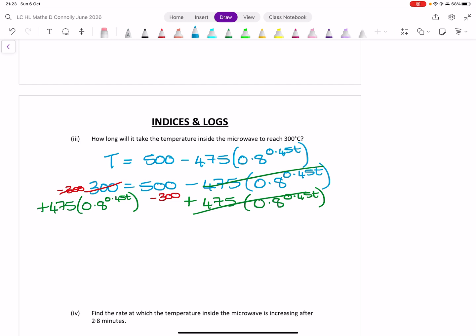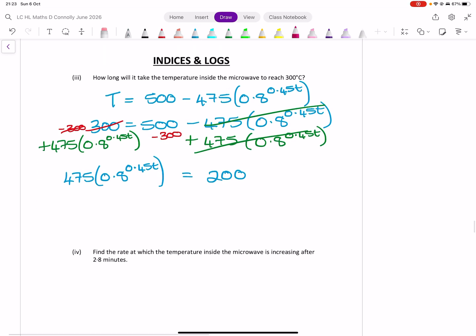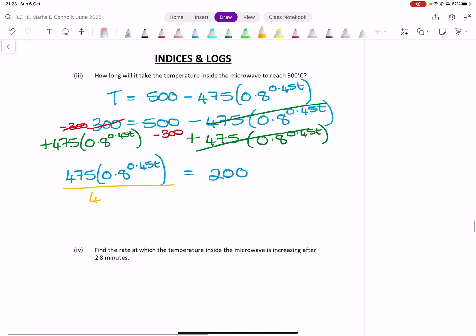All right, so I know it's messy, but on the left-hand side, the only thing I have is the green writing. It's not cancelled out. And on the right-hand side, I have 500 minus 300, which is 200. I'm going to divide by 475, divide by 475.